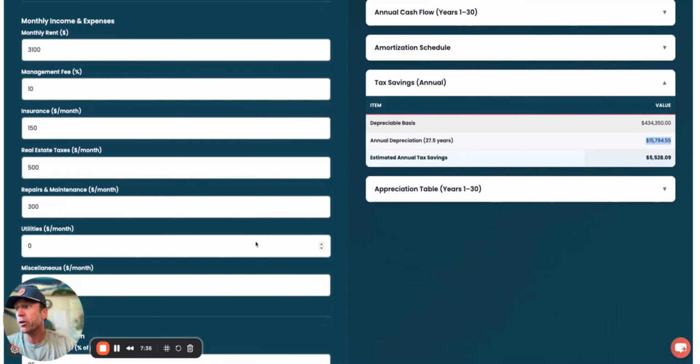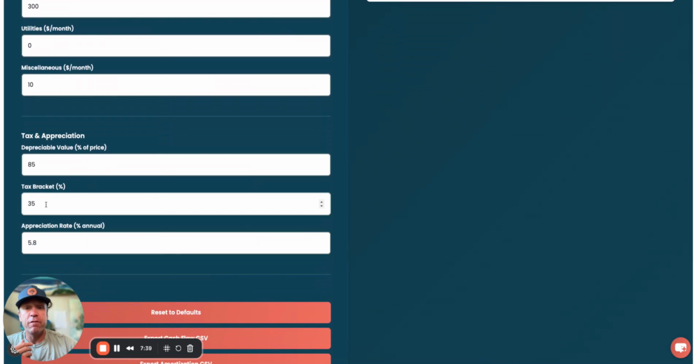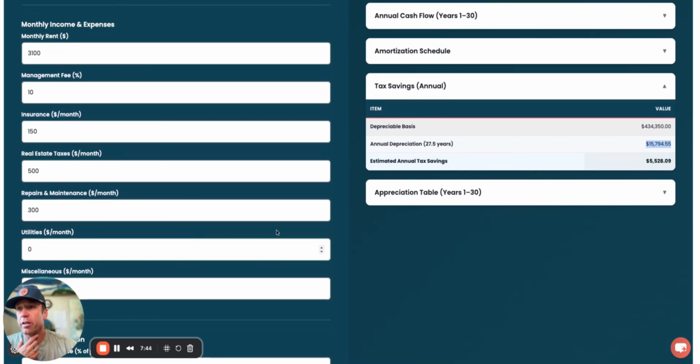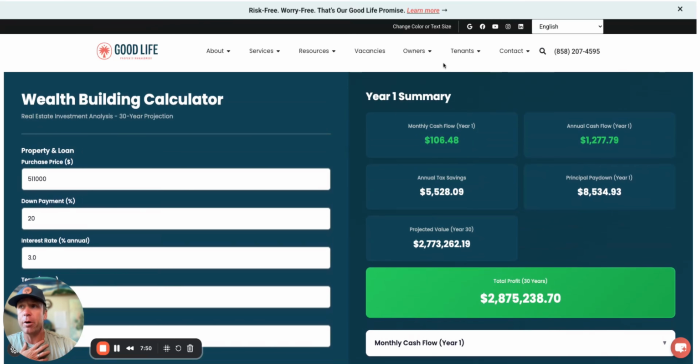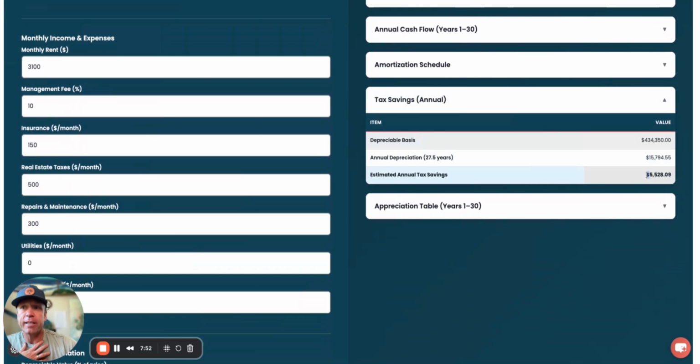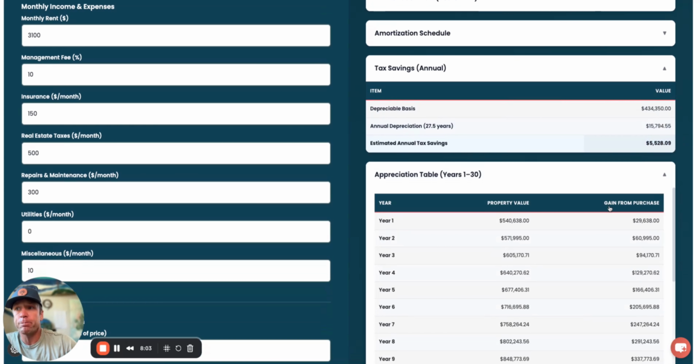So what we did is we took your tax bracket here. I just put 35% and account for state and local in this. So it could be higher, it could be lower, but let's just say 35%. So you basically take that number times 35%, adjusted if there's any positive or negative cash flow. That's like an actual $5,500 money in pocket that you don't pay Uncle Sam for owning this rental property.